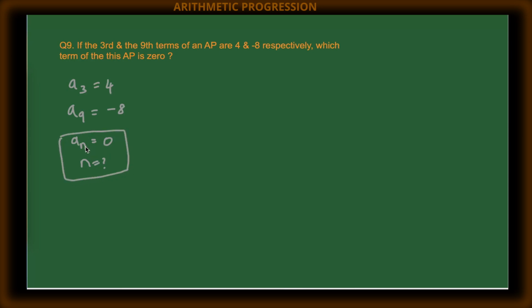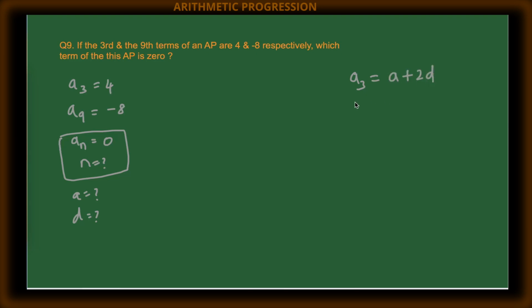To find any of the terms, we need to find the two variables, the first term and the common difference. We don't have them, but we have two equations from which we can get a and d, as we have seen in the previous example. So a3 can be written in the general form as a plus 2d.